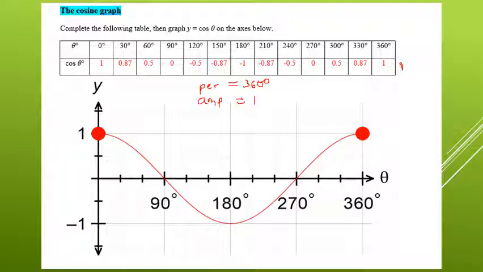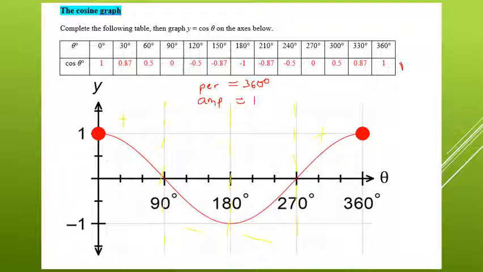Okay, just as a matter of interest, I don't want you to do this to your graph, but if I split the graph into 4 sections, every 90 degrees, representing our 4 quadrants, you can see that it's positive here, negative, negative, positive.